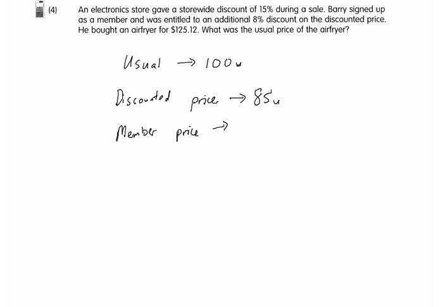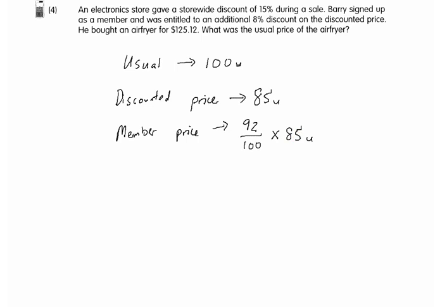Since he enjoys an additional 8% discount, am I right to say that he's only paying 92% of the discounted price? So I'm going 92 over 100 of 85 units because this is the discounted price, right? Yes or no?